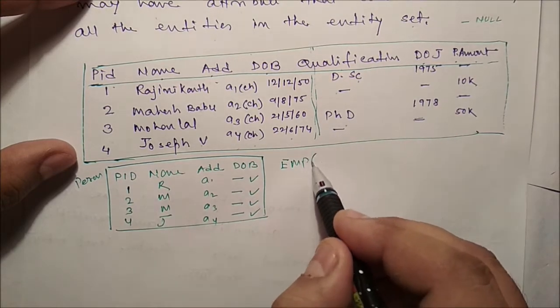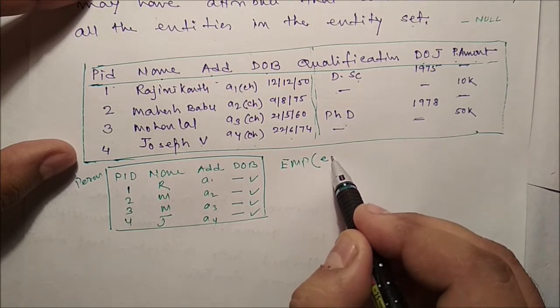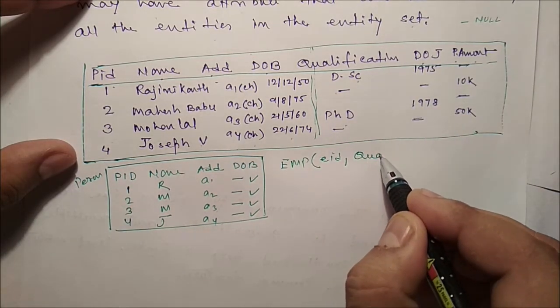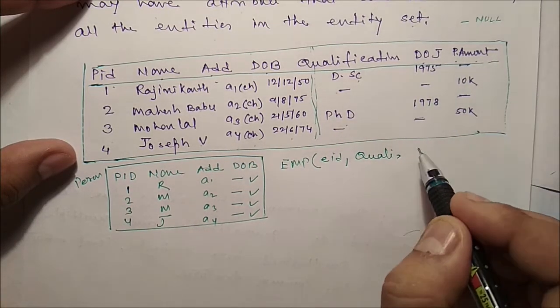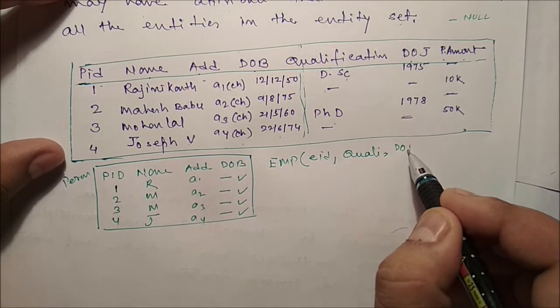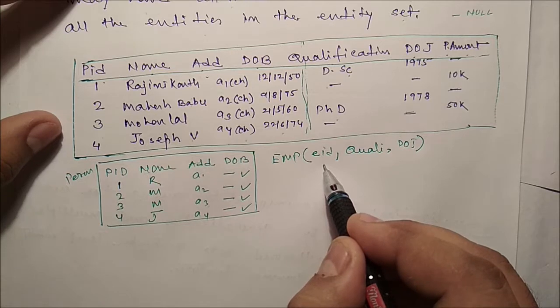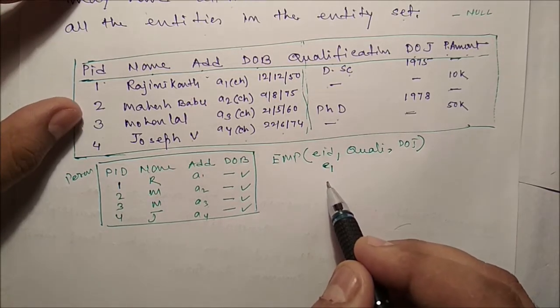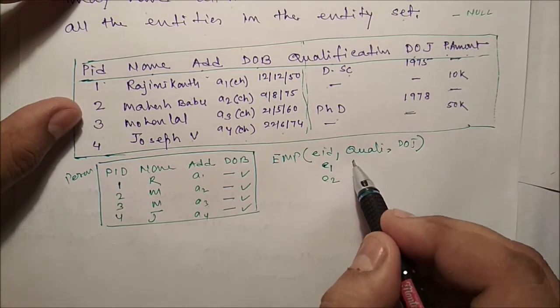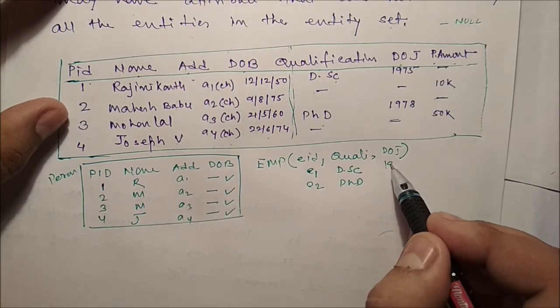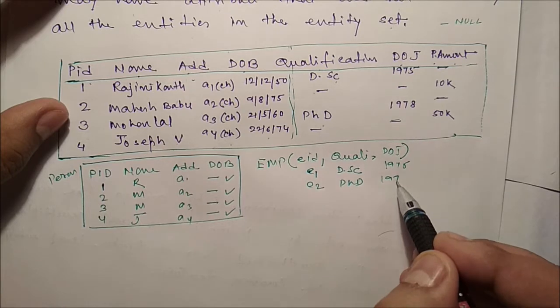Now for employee, an employee ID must be there, and here we have to put the qualification and the date of joining. Are you getting this? So employee ID say E1, E2, qualification DSc, PhD, and date of joining 1975 and 1978.